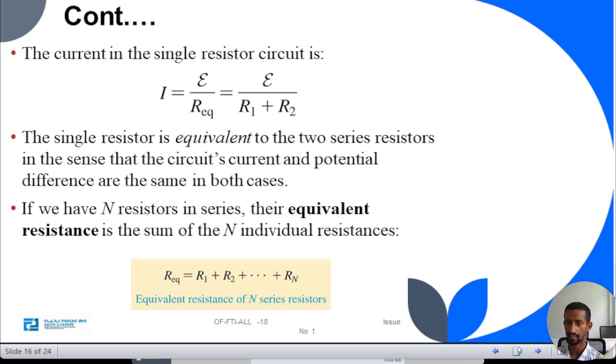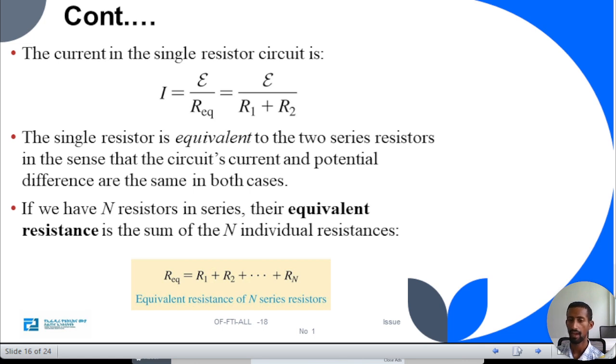The current in the single resistor is E over R equivalent, where R equivalent means the summation of the two resistors. The single resistor is equivalent to the two series resistors in the sense that the circuit current and potential difference are the same in both cases.